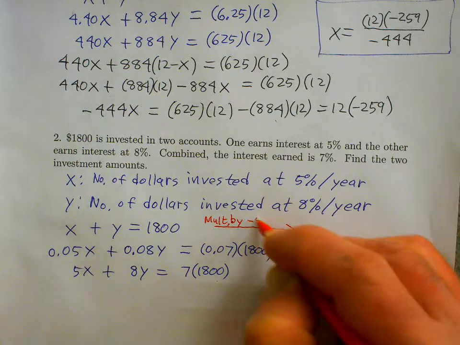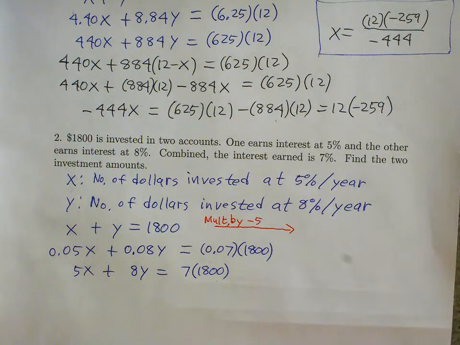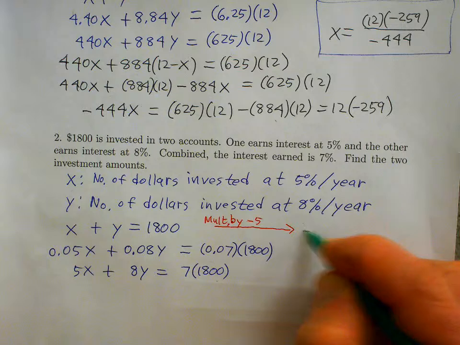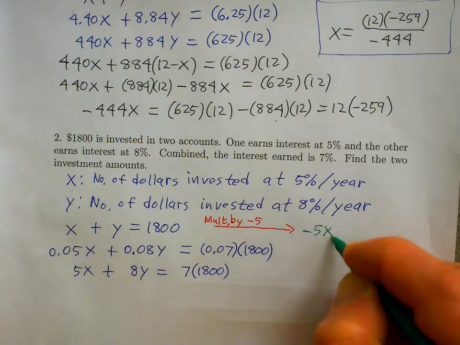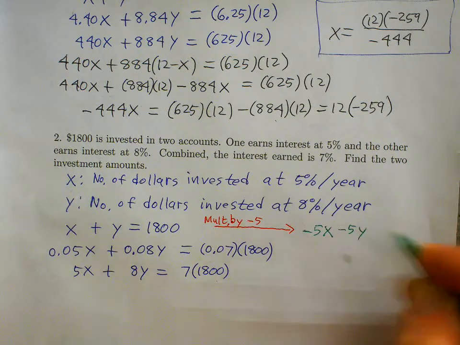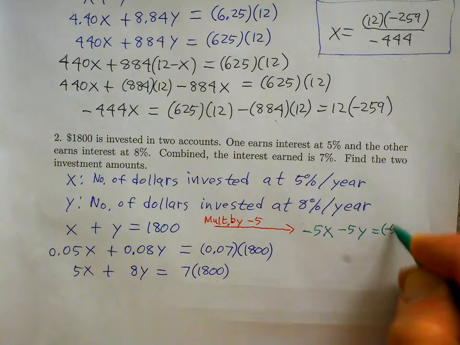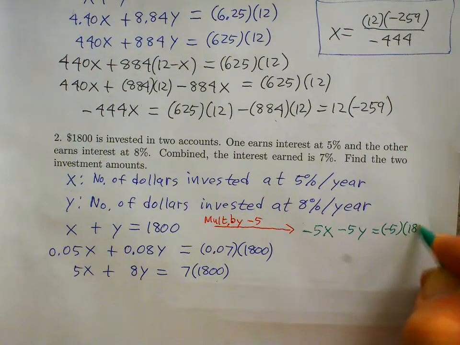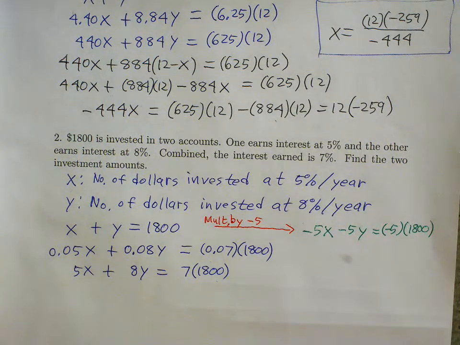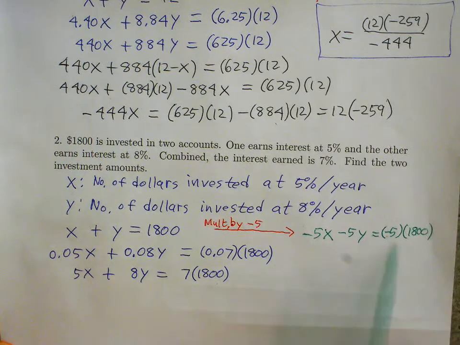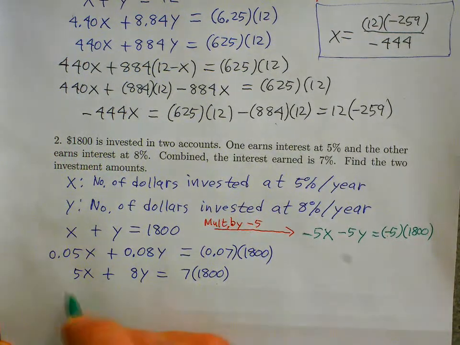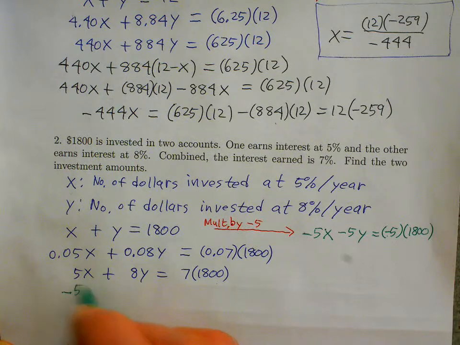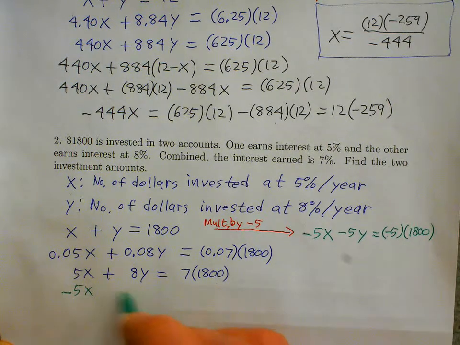When we do that, we get -5x minus 5y equals -5 times 1800. Then I'll bring this equation down below the 5x plus 8y equals 7 times 1800, and we're going to add these two equations.